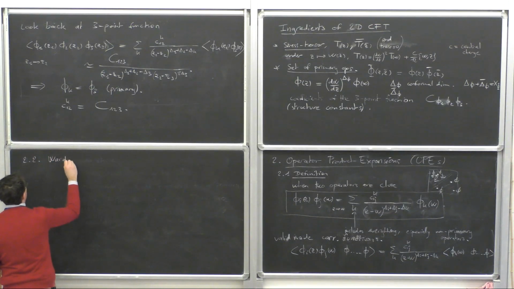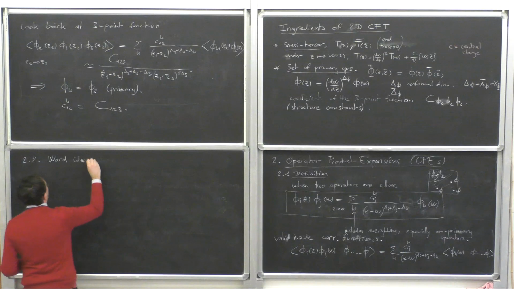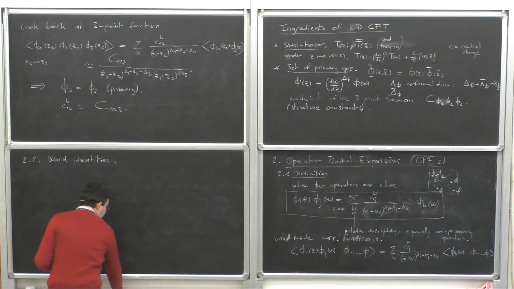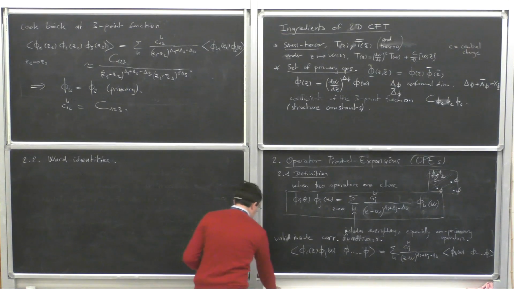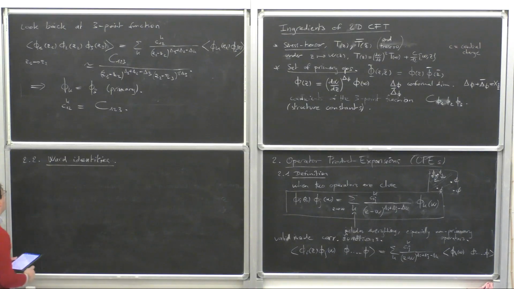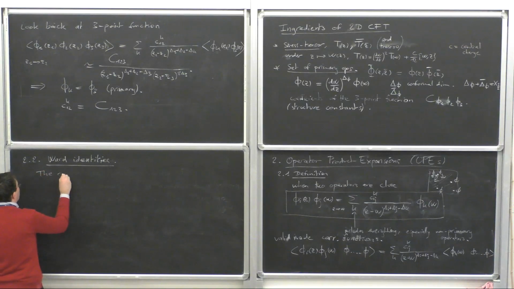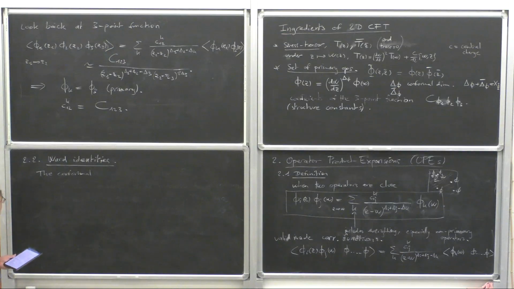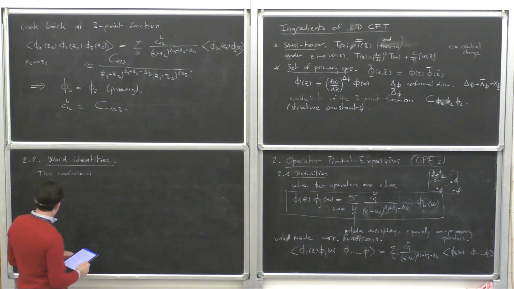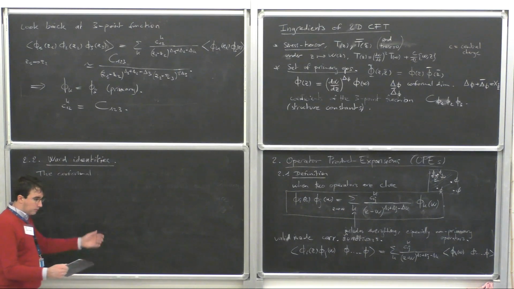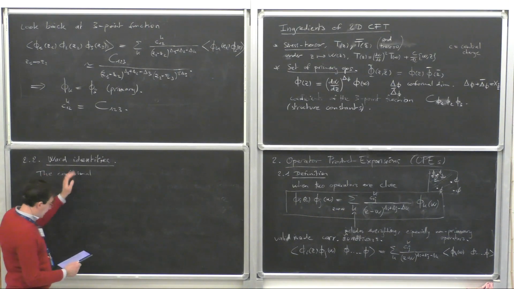Okay, so this has a name in the theory. These are called Ward identities, the conformal Ward identities. You've probably seen Ward identities in the more general context of field theories, associated to various symmetries, like just translation invariance. It's the same thing.